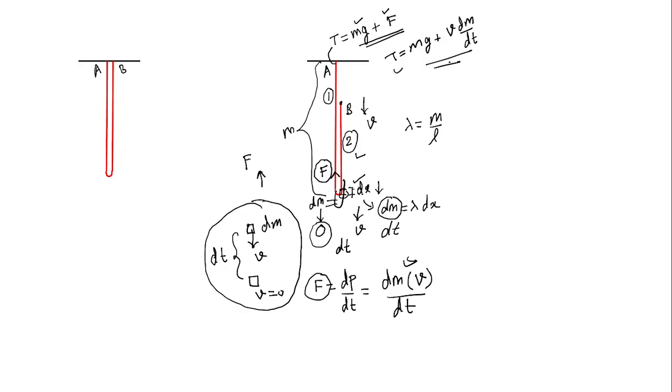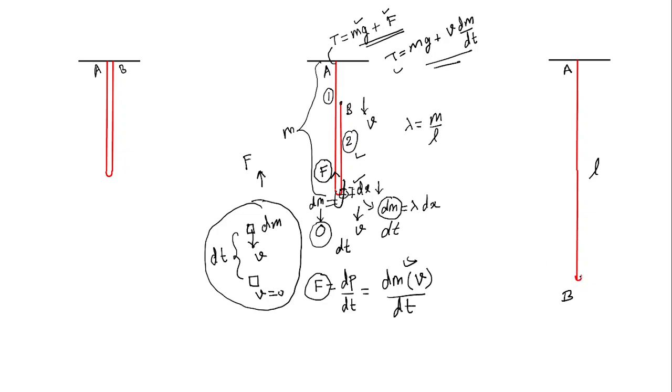Now you see, what is the final scenario? The final scenario is something like this. A is here and point B has reached the lowermost end, and this whole string length is now open. It is length L. So at this time, what is the value of m? m will be maximum because the whole string is now open. So m will be maximum, and what will be the value of v?